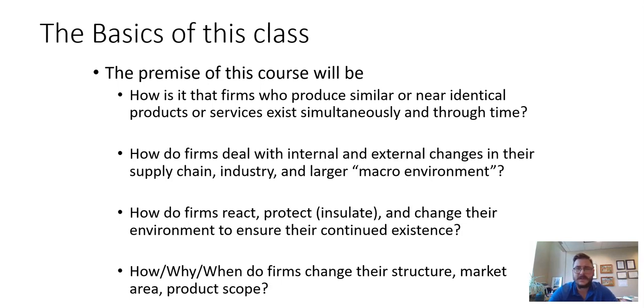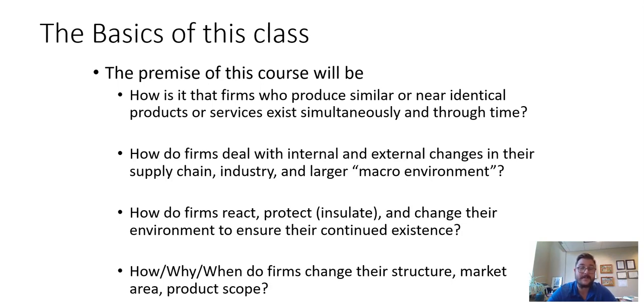There's a number of immediate answers that might come to your head, but we're going to be looking at the other side of the question, not just about the products, but how do they exist at the same time as a competitor? Okay, so the next question. How do firms deal with internal and external changes in their supply chain?